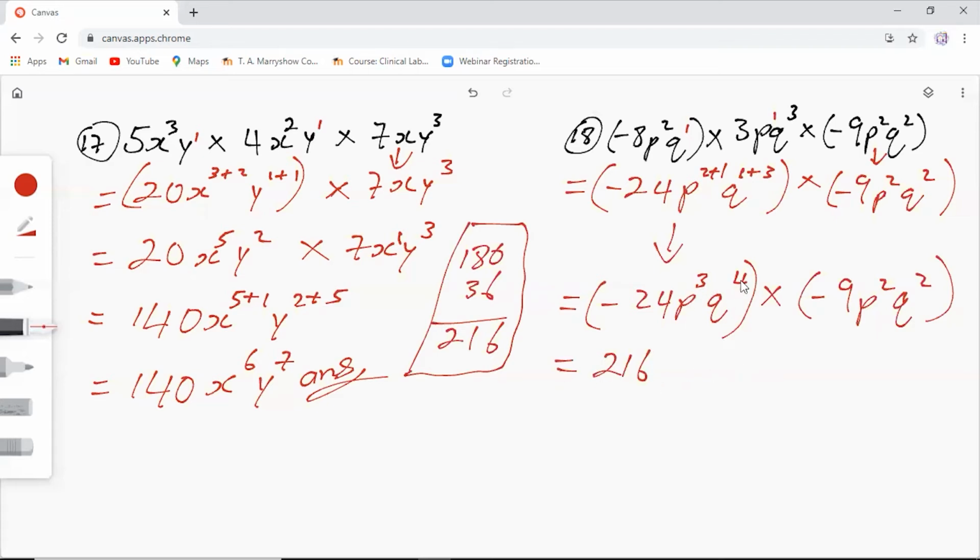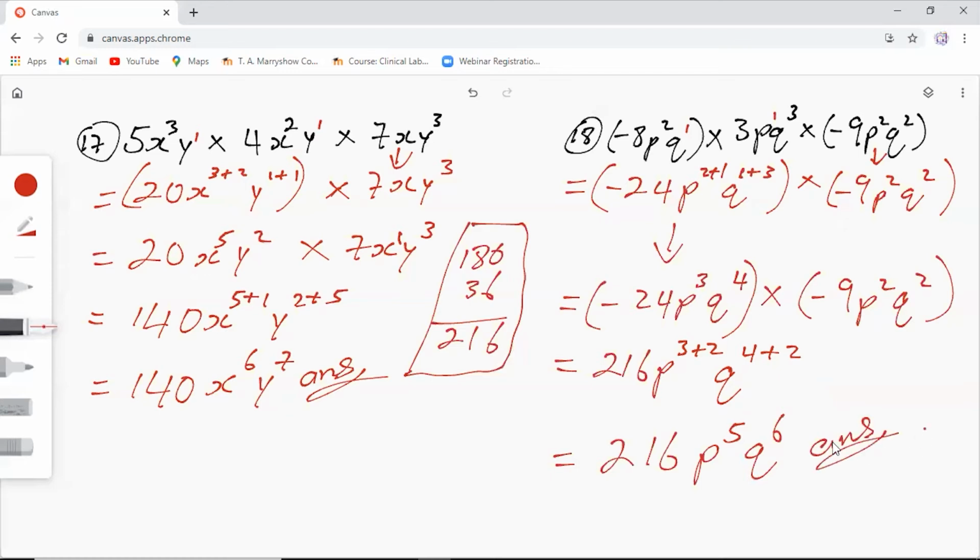P to the power of 3 times p squared is p to the power of 3 plus 2. And then you have q to the power of 4 times q squared, that is q to the power of 4 plus 2. We simplify that and get the same 216 p to the power of 5, because 3 plus 2 is 5. Q to the power of 6, because 4 plus 2 is 6. And that's our answer there.